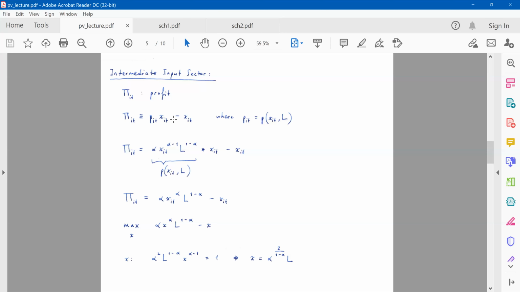The first term here is the revenue, right? So I sell XIT units to the final goods sector, and I sell at the price PIT. So PIT XIT is my total revenue. And here we are assuming that there is a one-to-one production function. Okay, so I take 1 unit of the final goods and I convert it to capital.